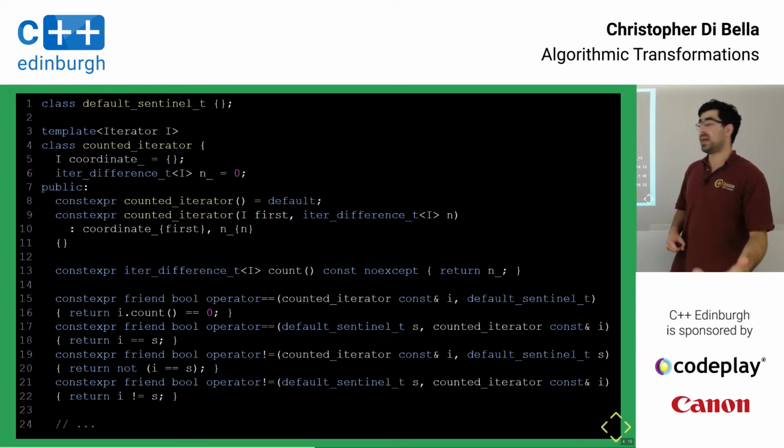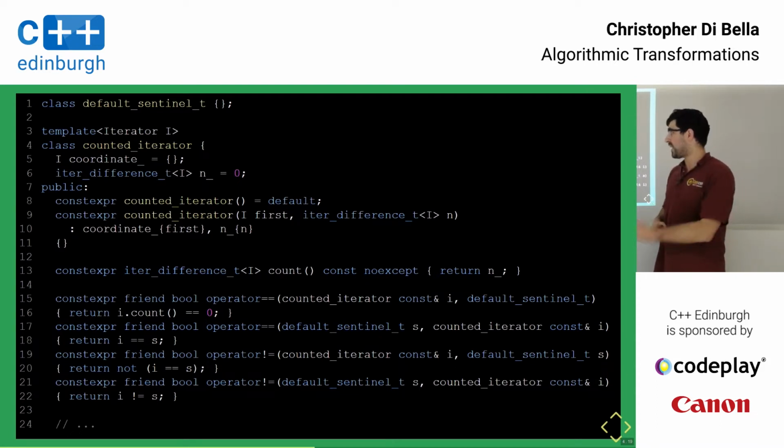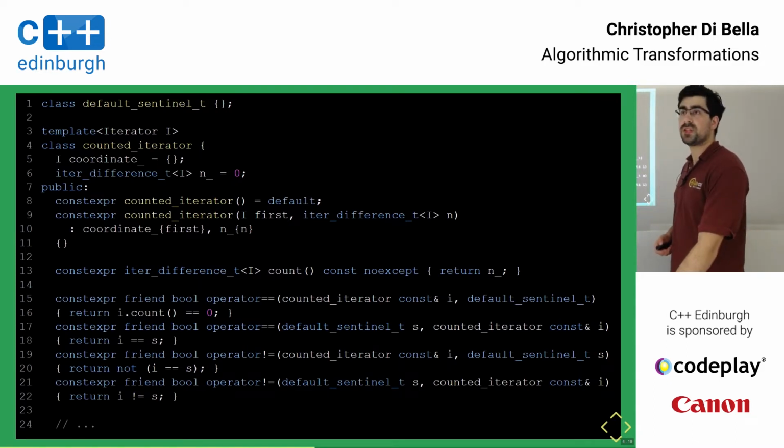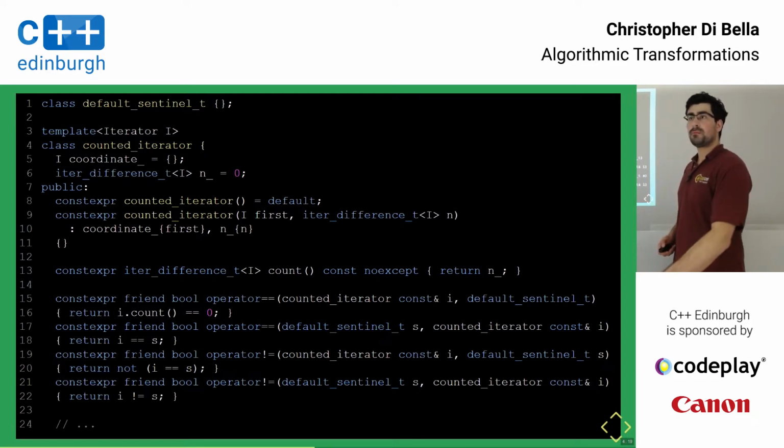And the way in which we say we have reached the end is that we compare against the sentinel, and when the count is 0, then we know we have no more elements to look through. I'll give you a moment to digest this, but most of it's just boilerplate. Are there any questions at this point?